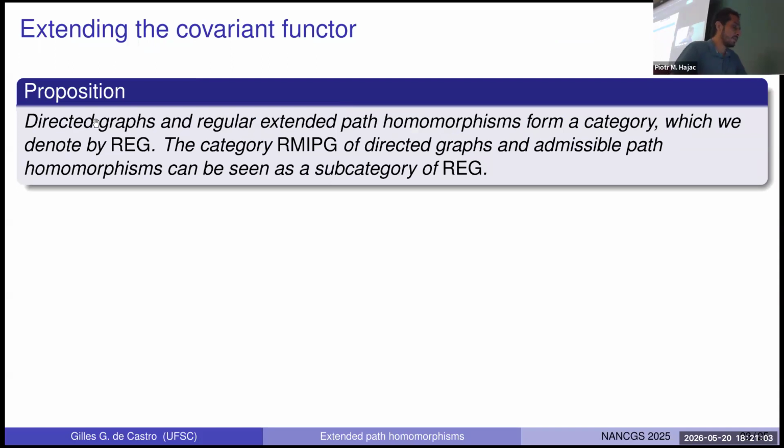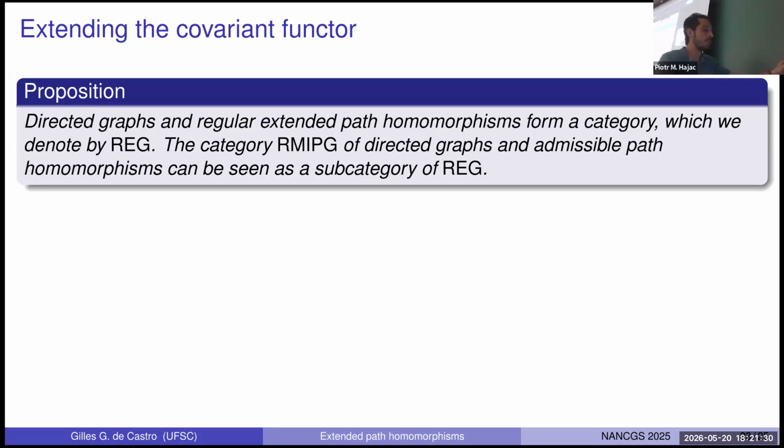So first of all, we do have a category for these regular extended path homomorphisms. We have, as I said, directed graphs as objects for all of them. So now we have this category denoted by REG, where alpha is regular, E is for extended path homomorphism, and G is for graphs.